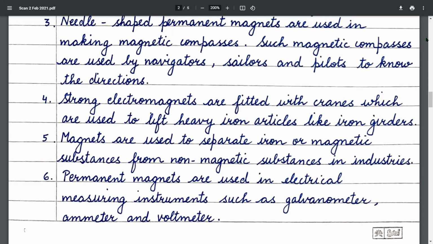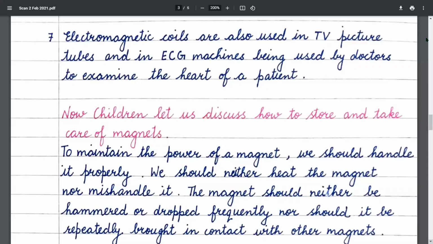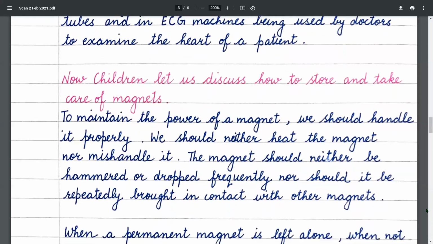Number six, permanent magnets are used in electrical measuring instruments such as galvanometer, ammeter, and voltmeter. Number seven, electromagnetic coils are also used in TV picture tubes, and in ECG machines being used by doctors to examine the heart of a patient.